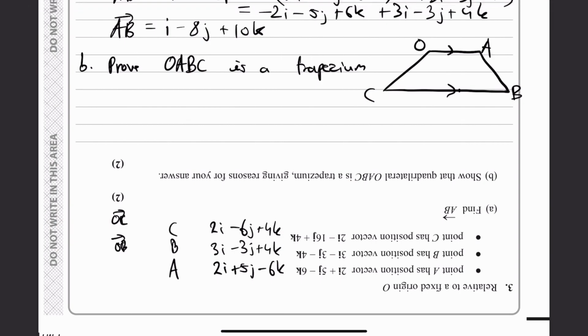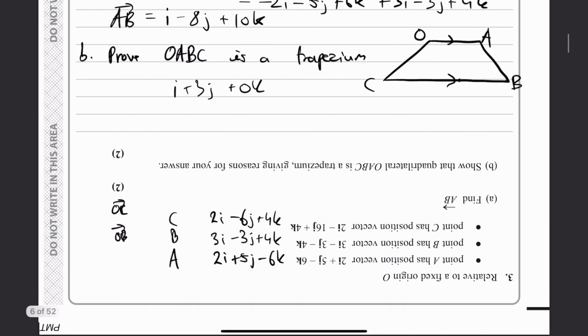So it's either AB to OC or OA to BC, because other combinations aren't going to work. If you subtract those two, you get this, and that's BC, and you're given OA.